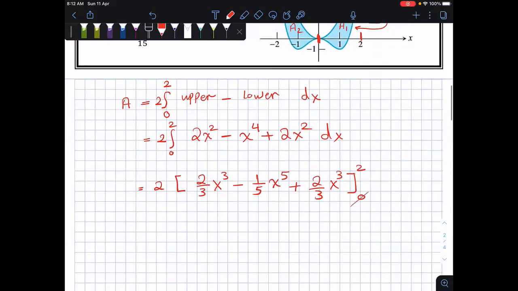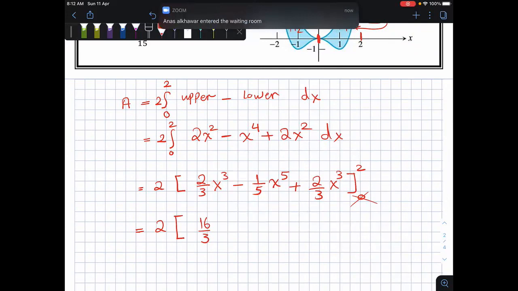We will not substitute 0 also, because at 0 it is going to give us 0. So plug in 2 for every x here. We have 2 power 3, which is 8. 8 times 2 gives us 16 over 3. Firstly, we substitute 2 for x and multiply it by 2 over 3.